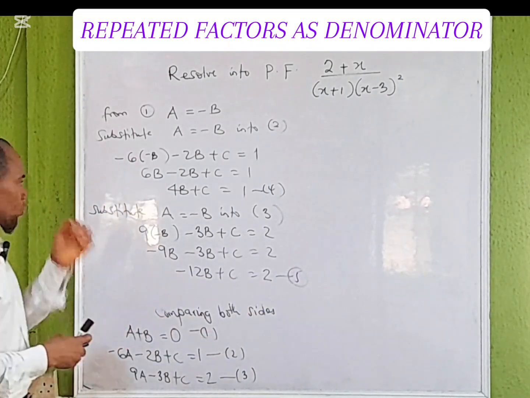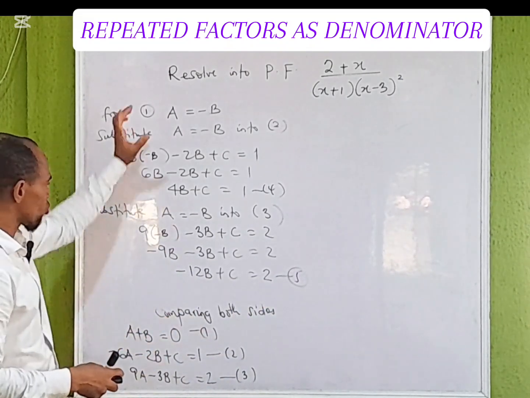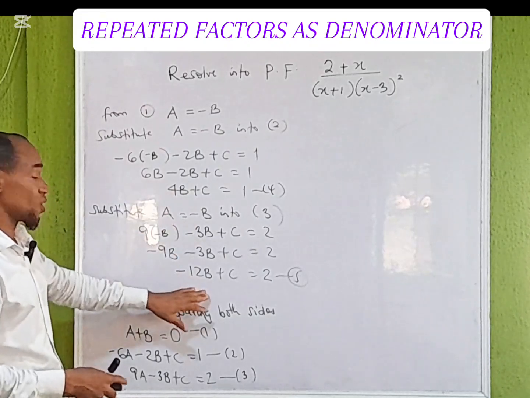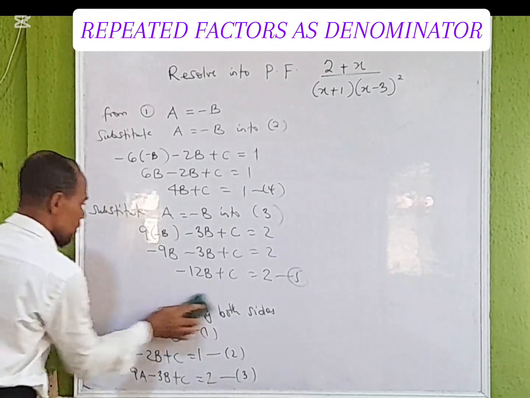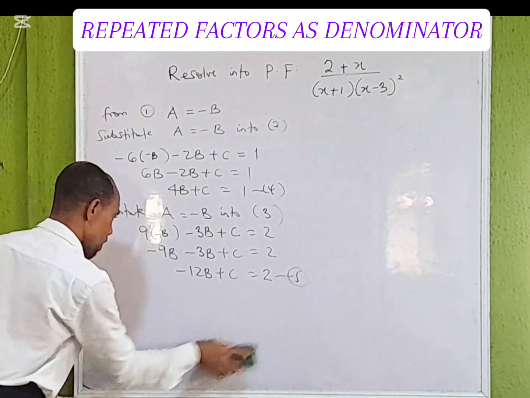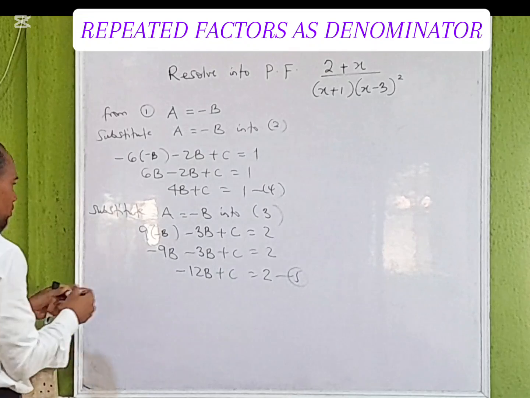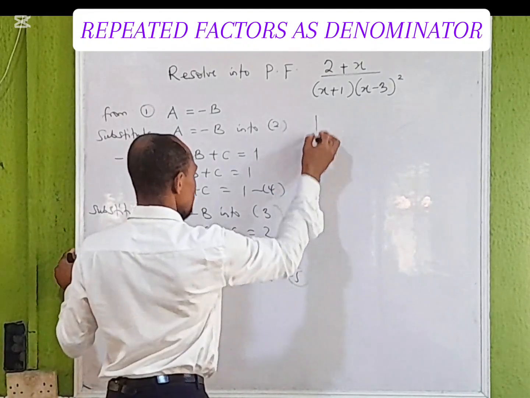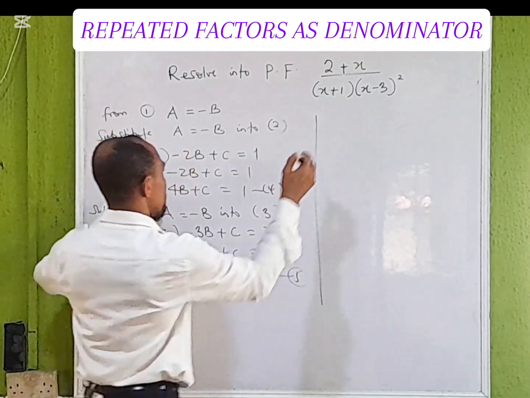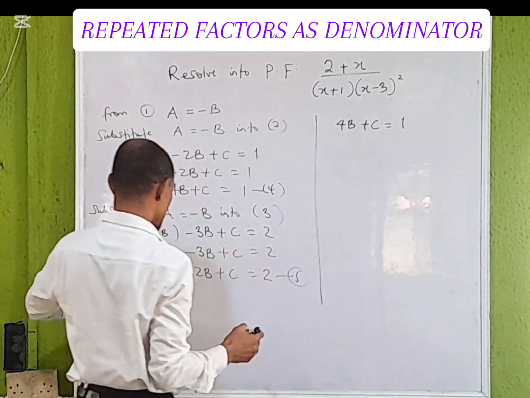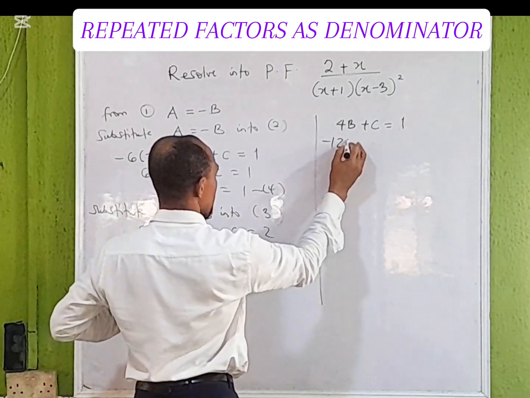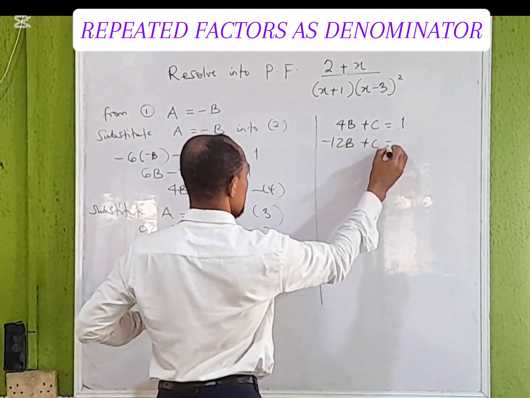So we have been able to reduce the 3 equations into 2 with 2 unknowns, which is a standard really. So we are going to solve equations 4 and 5 simultaneously to get the values of A, B, and C. So we have there 4B plus C is 1, then minus 12B plus C equals 2.